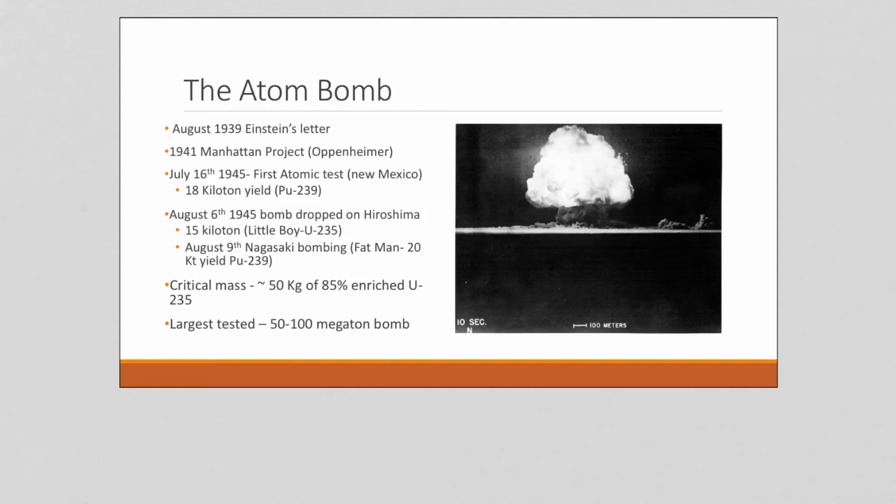Remember, natural uranium is about 1% uranium-235, and so it has to be enriched up to 85% uranium-235. Now, we'll talk later a little bit about nuclear energy. The nuclear fuel used in nuclear energy is not what we call weapons grade, right? It is not enriched up to 85%. It is enriched, but more like 20% uranium-235.